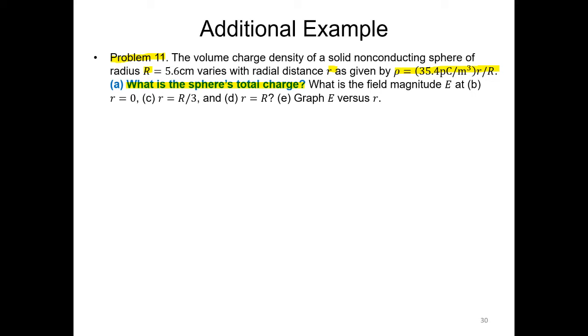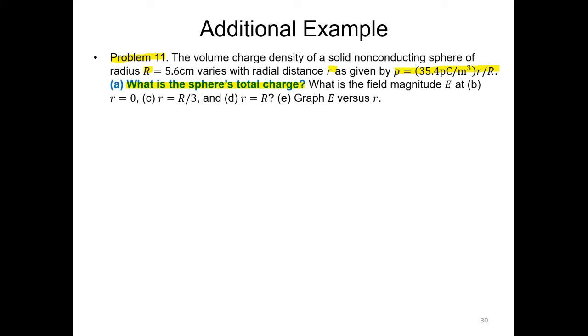So for this case, you can imagine the charge is not distributed uniformly. It is proportional to the radius, which means that near the center it is less dense, almost zero, and near the surface it is the most dense.